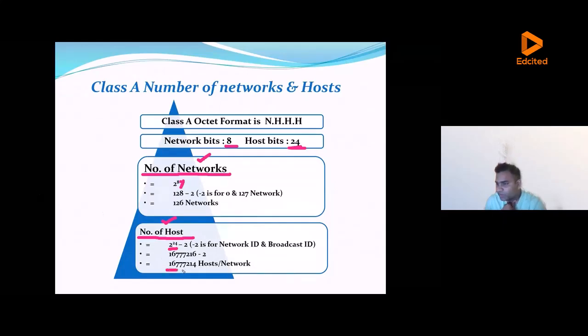So we can have almost 126 networks. Why is there a -2 everywhere? I'll let you know later on. And more than 1 crore computers can be connected into one class A network.